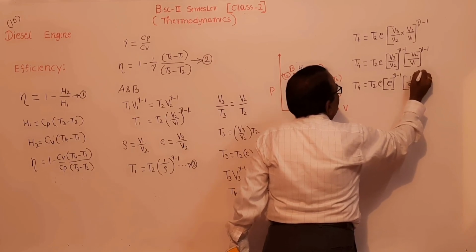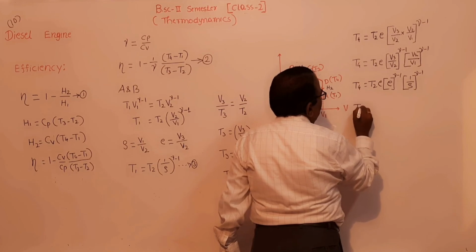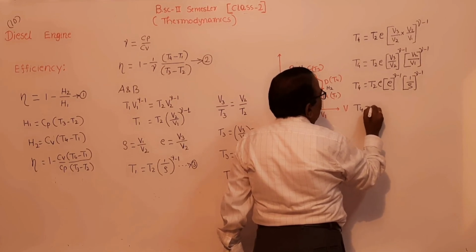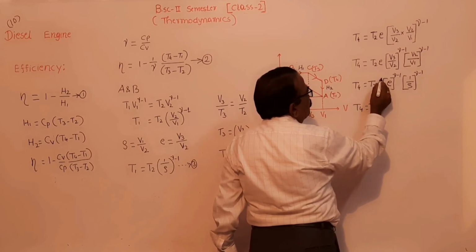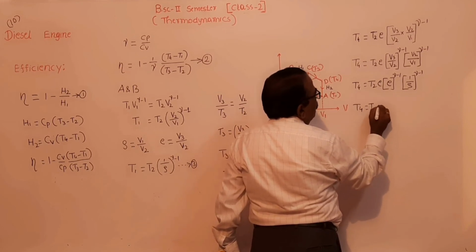Or this is T4 is equal to, see, E raised to minus 1, E raised to plus 1 cancels. What remains?